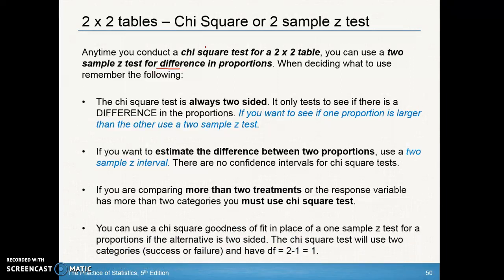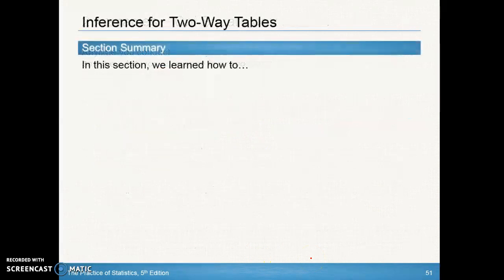Now, you can also use a chi-square goodness of fit test in place of a one-sample z-test for proportions if the alternative is two-sided. The chi-square test will use two categories, success or failure, and have degrees of freedom of 2 minus 1, or 1.